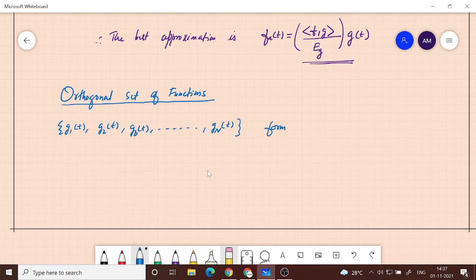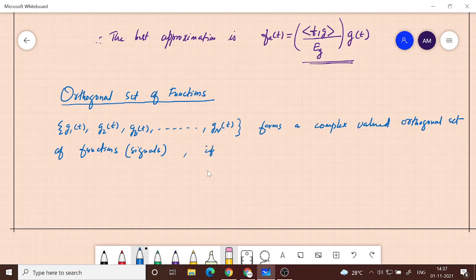G1 to GN form a complex valued orthogonal set of functions, or signals, if the inner product of g_i with g_j is equal to 1 if i is equal to j, 0 if i is not equal to j.